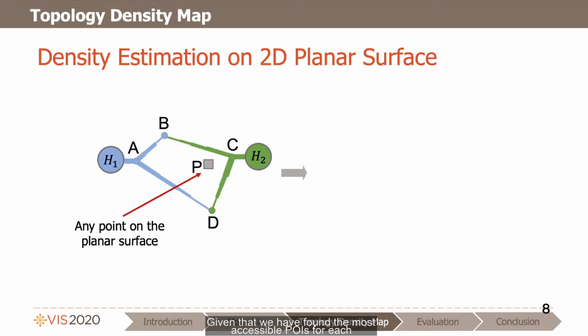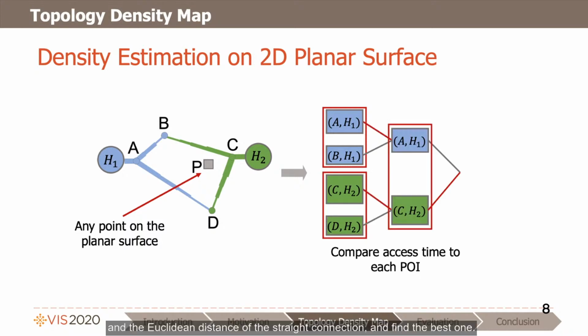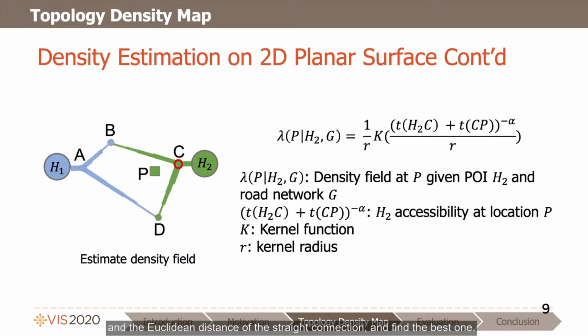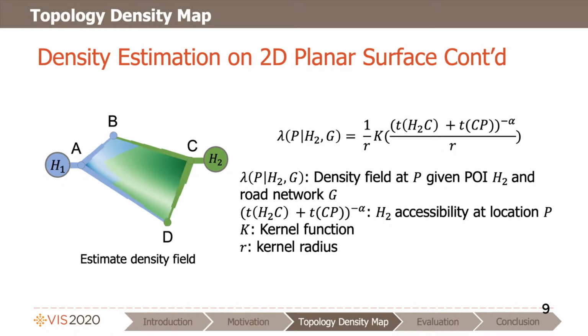Given that we have found the most accessible point of interest for each intersection, we can compute the access time from P to each point of interest by summing the network proximity of each road segment and the distance of the straight connection, and find the best one. Hence, we can estimate a density field for P with respect to H2 as in the equation. An example of the generated topology density map is presented in the figure.